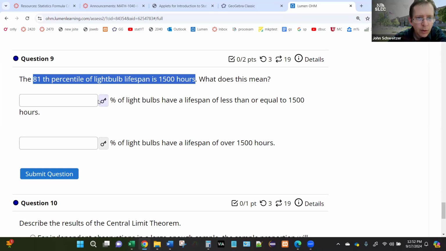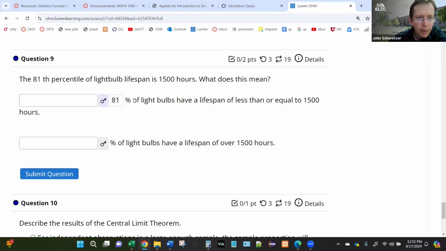In other words, 81% of light bulbs have a lifespan less than or equal to 1,500 hours. So you're expecting your typical light bulb to go out before 1,500 hours. But there are some, about 19%, that last longer than 1,500 hours. Does that make sense? So it's an interpretation of the percentile. We're not really using a formula here.